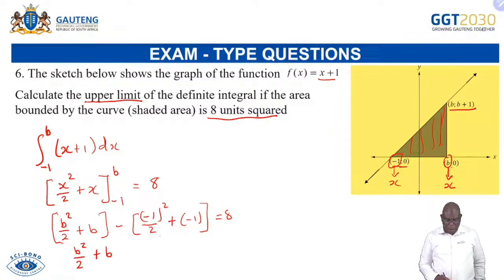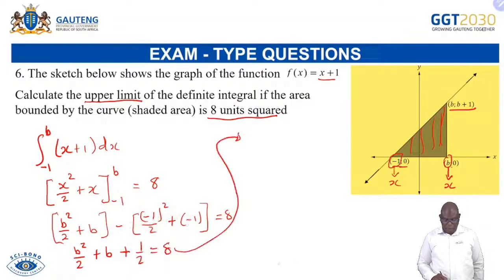So what is 1 over 2 minus 1? I'll have a negative value here. A half minus 1 will give us -1/2, and minus a half times a negative will give us a plus half. That will equal 8. Let me finish it here.